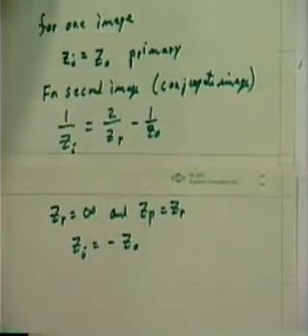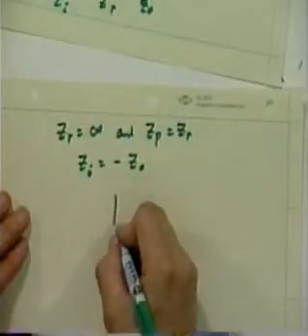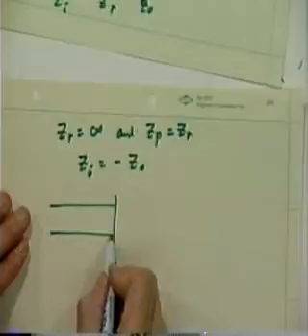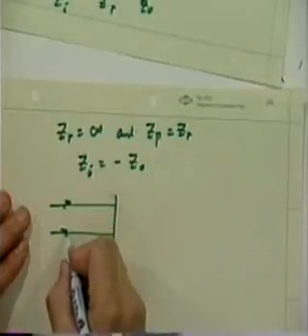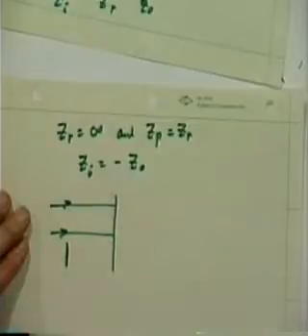Okay. So if I make a hologram like the following, make a hologram here, plane reference beam, and let's say the object is here.